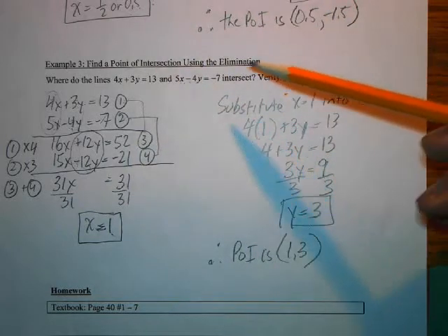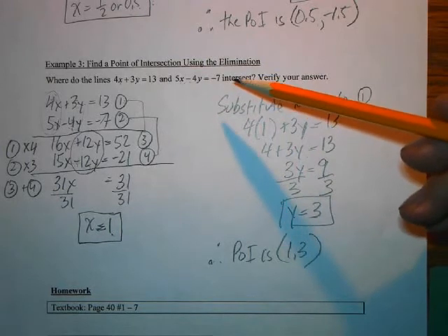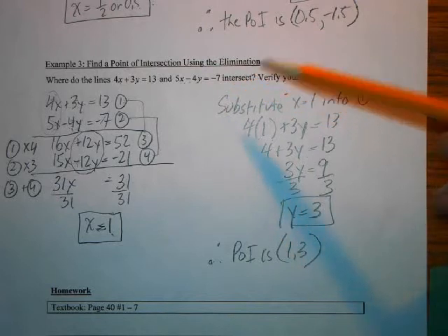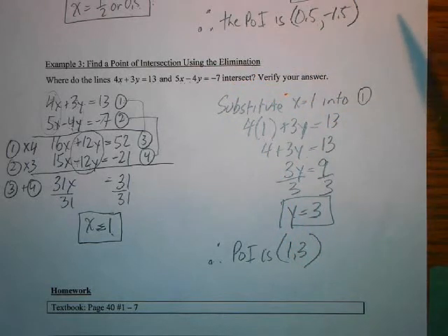But on the assignment, you're actually going to have to know how to use both methods. I'm going to ask a question, solve this linear system using substitution, and then solve this linear system using elimination. And then when I get to the word problems, I don't specify the technique to use. It's up to you. Okay?